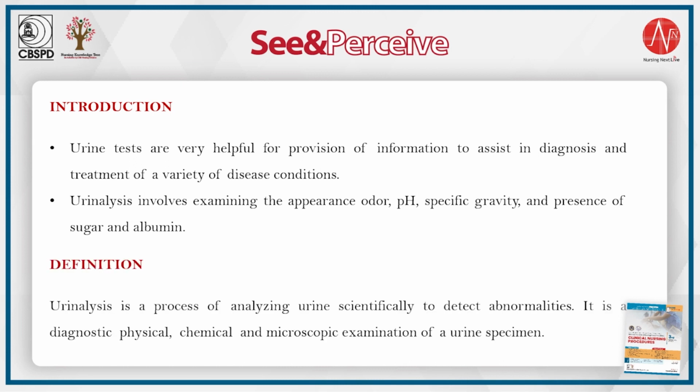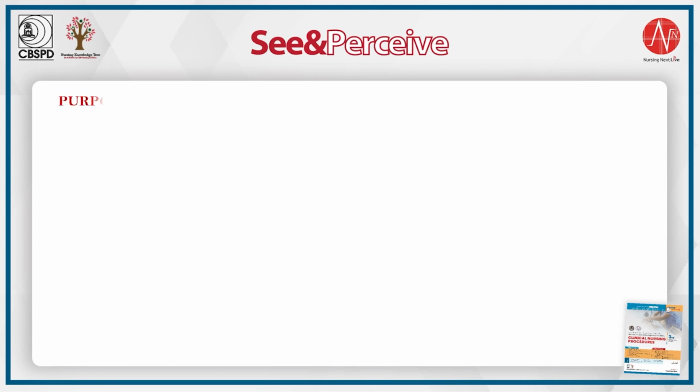Definition: urine analysis is a process of analyzing urine scientifically to detect abnormalities. It is a diagnostic, physical, chemical, and microscopic examination of a urine specimen.